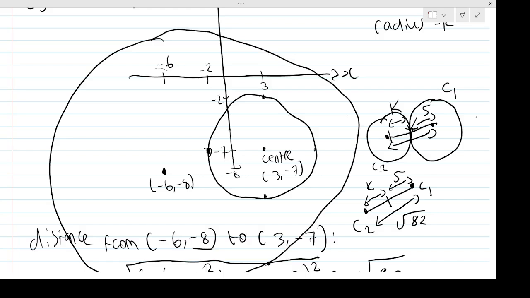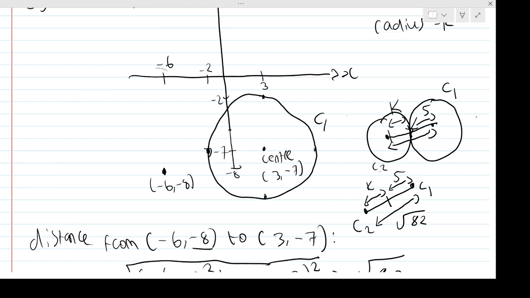Therefore it's not going to intersect the circle C1 at all, so there'll be no intersection. So actually we need to consider an upper limit as well, where we can't make the radius of the circle C2 bigger than it. So then there's a cutoff point.